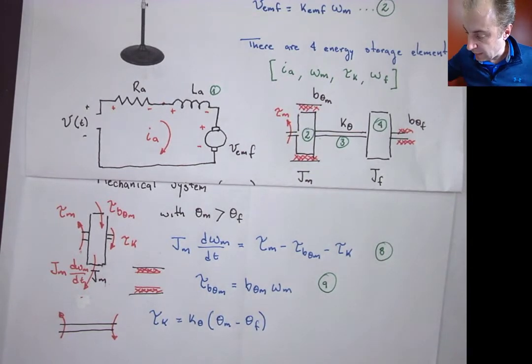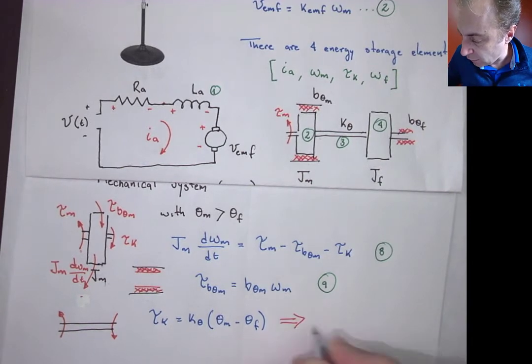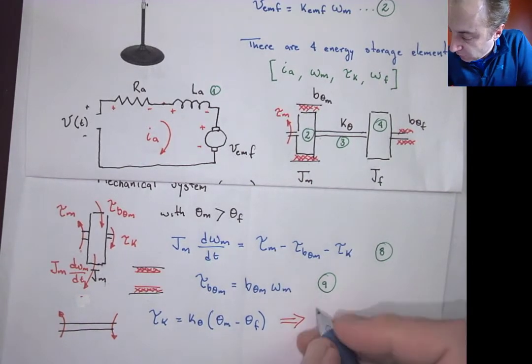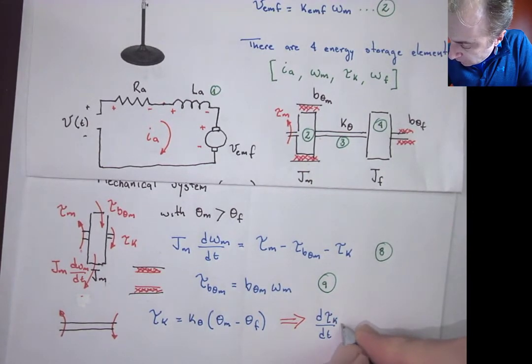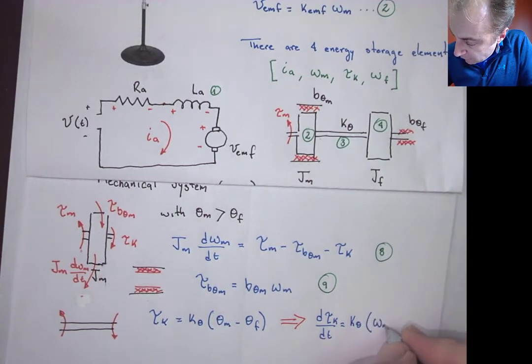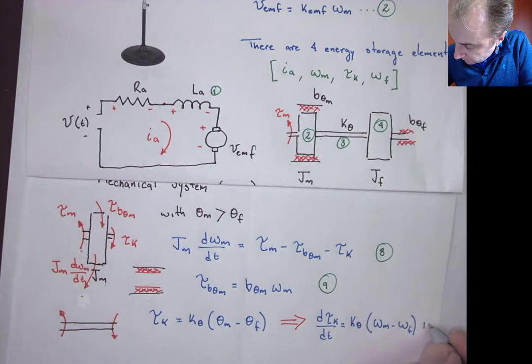So we can write that equation in terms of our across and through variables. So d tau k dt is equal to k theta times omega m minus omega f. Okay, and that is going to be equation 10.